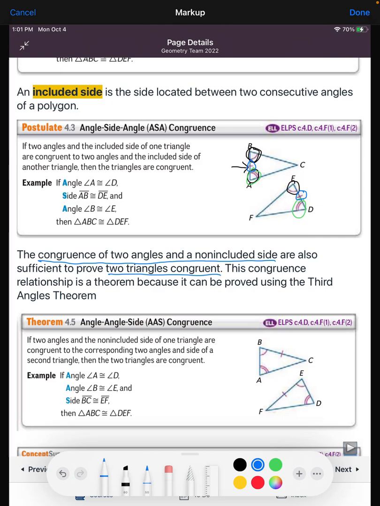So for angle angle side, we have one angle equal to this angle, another angle equal to an angle on the other triangle, and then a non-included side that are equal to each other. So if 2 angles and the non-included side of one triangle are congruent to the corresponding 2 angles and side of a second triangle, then the 2 triangles are congruent.